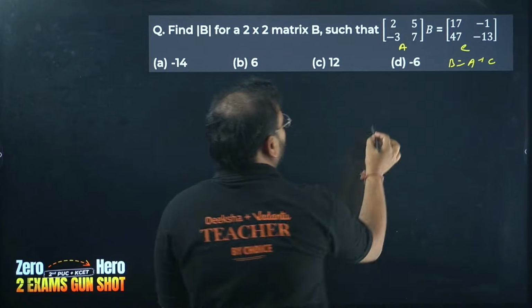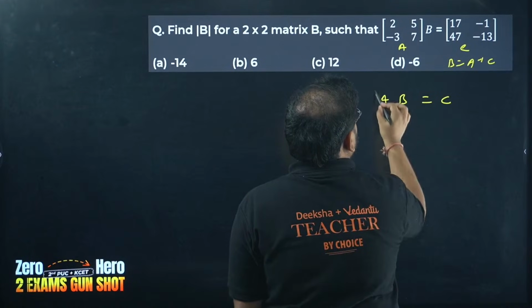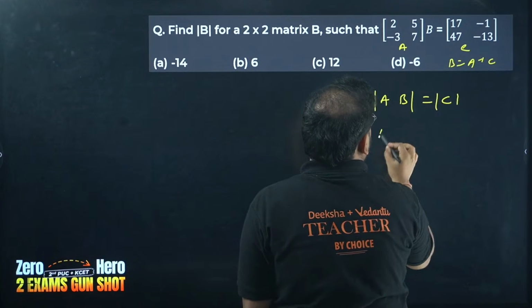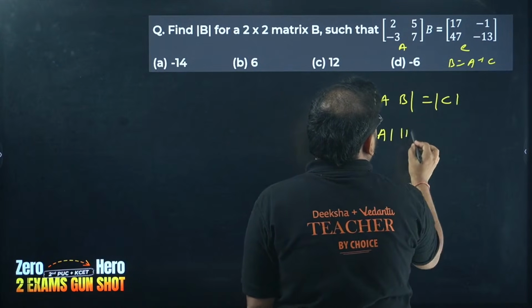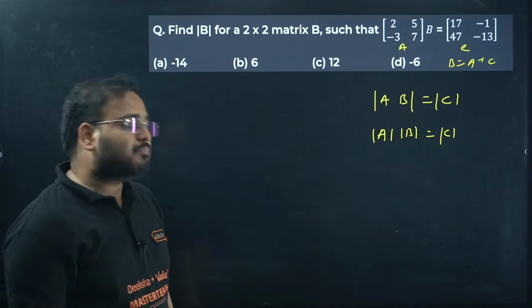If you have A, B and C, simply take the determinant value. We'll get determinant of A, determinant of B and determinant of C, the property of determinant. That's why it is important to know that.